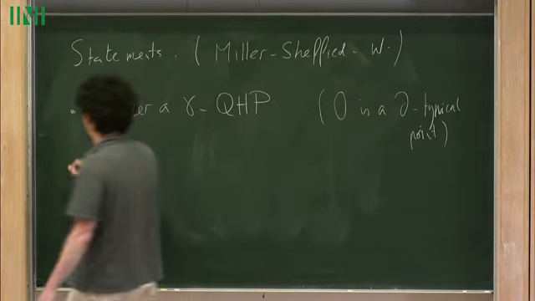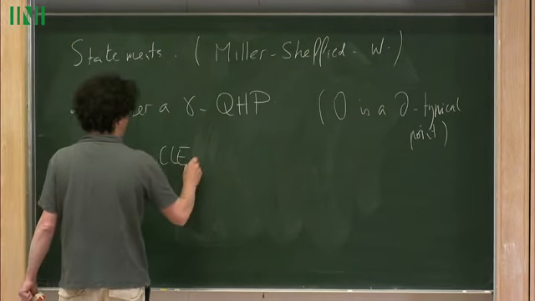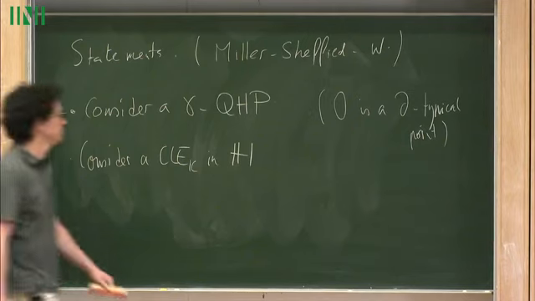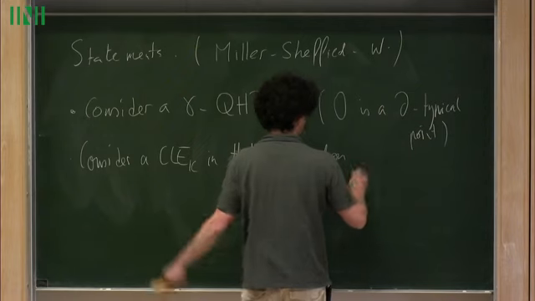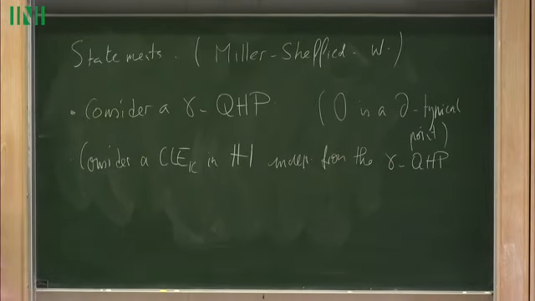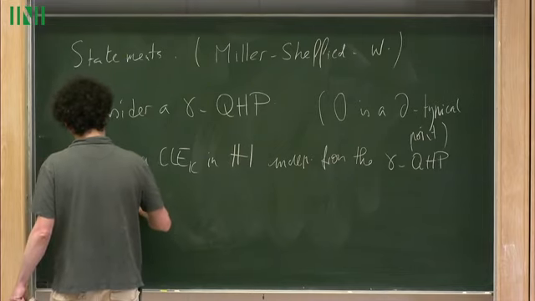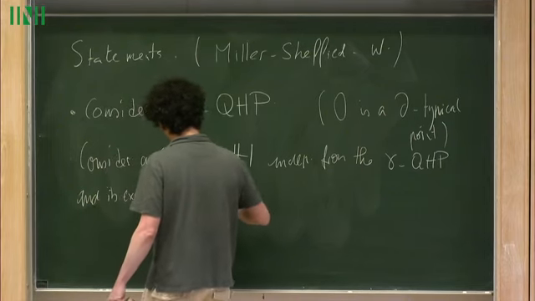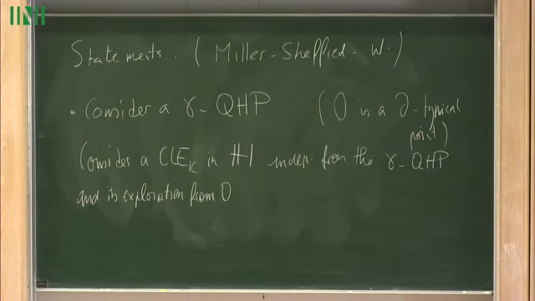Now you consider a CLE kappa in the upper half plane that is independent from the gamma quantum half plane, and its exploration from 0 in the sense that I've described before.